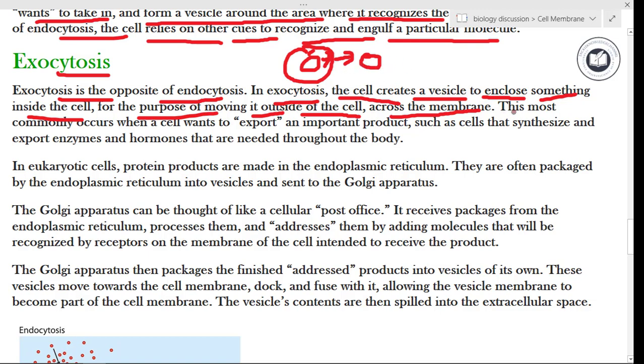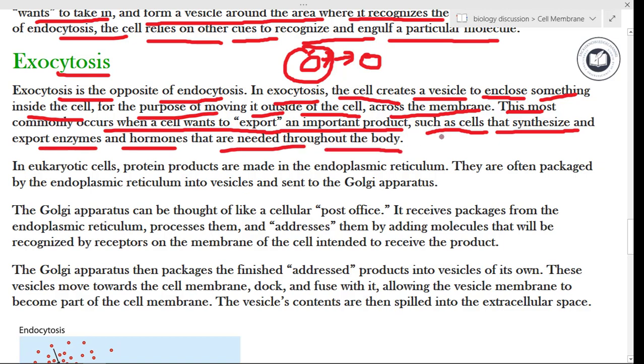This most commonly occurs when a cell wants to export an important product, such as cells that synthesize and export enzymes and hormones that are needed throughout the body. The cell synthesizes the product in the form of enzymes and hormones, and releases them in the form of vesicles.